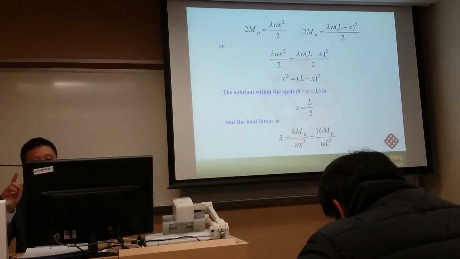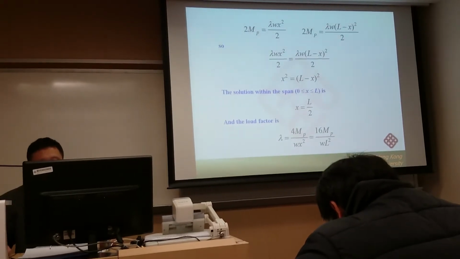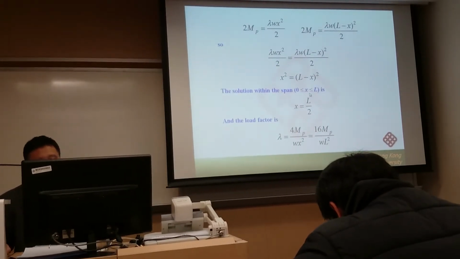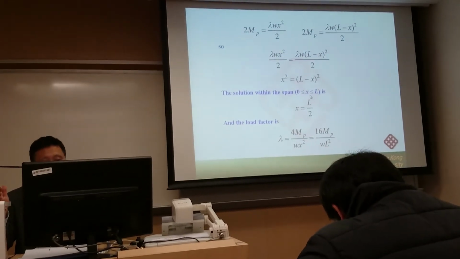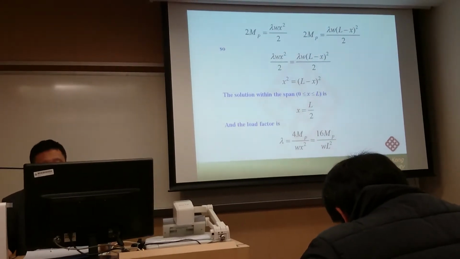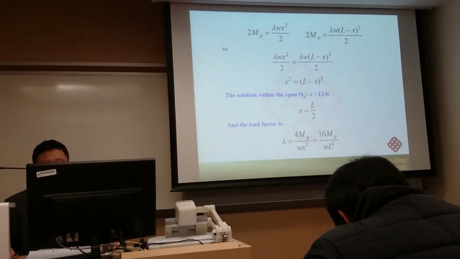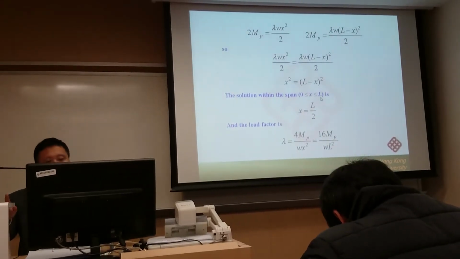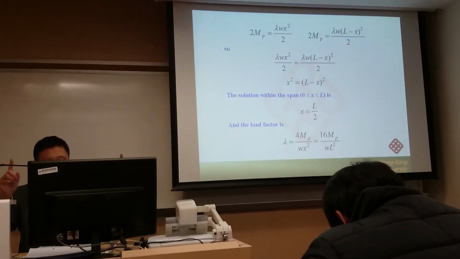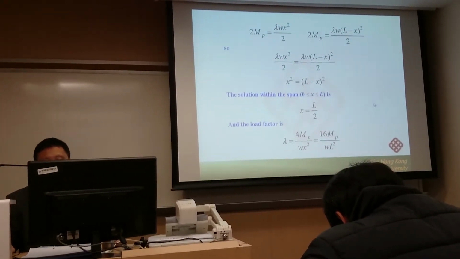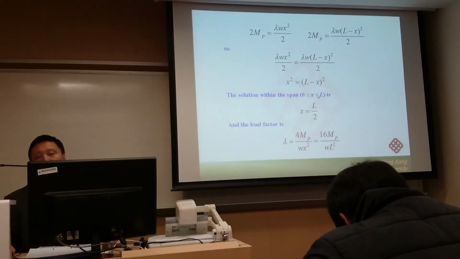And then the solution between 0 and L, because this is a cutting section, so definitely physically x must be between 0 and L. So the solution between 0 and L is always unique. You just need to pick up the solution between 0 and L.